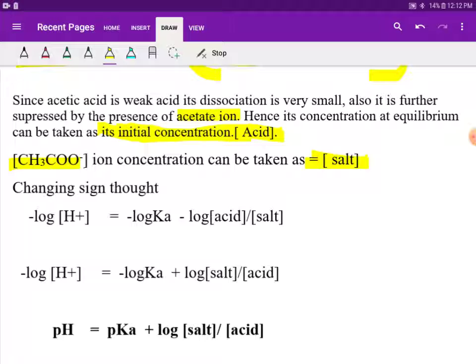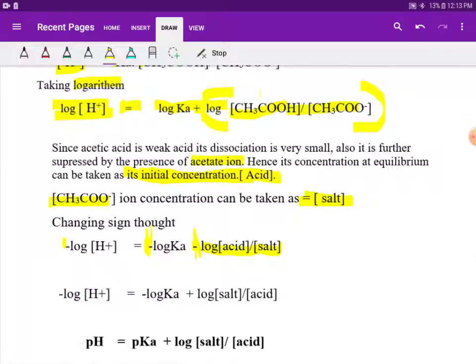Then changing the sign throughout, minus log H plus is equal to minus log Ka minus log concentration of acid by the concentration of the salt. By proper substitution, acetic acid becomes the acid concentration and acetate becomes the salt concentration.